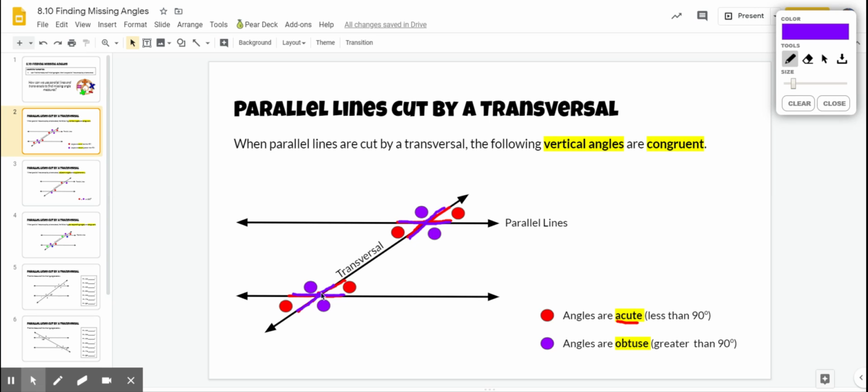Again, something to keep in mind about these angles is that these are obtuse angles. And we should remember that obtuse angles always measure greater than 90 degrees. So we would never want to get a measurement there that is anything besides greater than 90. So again, when we have our two parallel lines cut by a transversal, we get these sets of vertical angles that are congruent to one another.